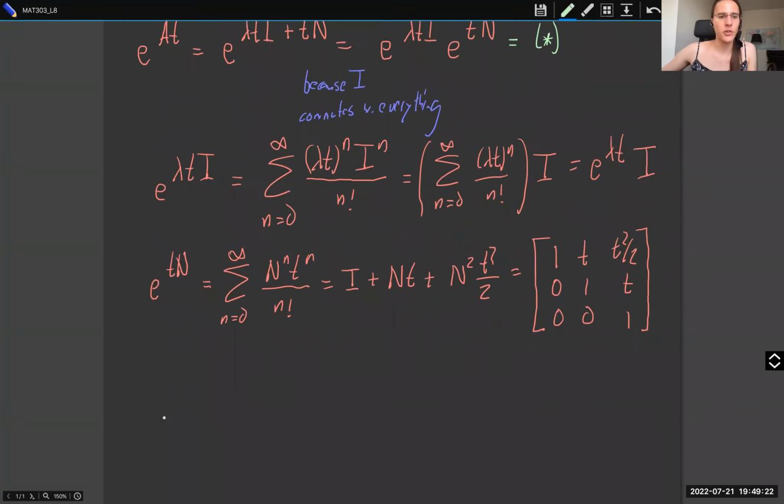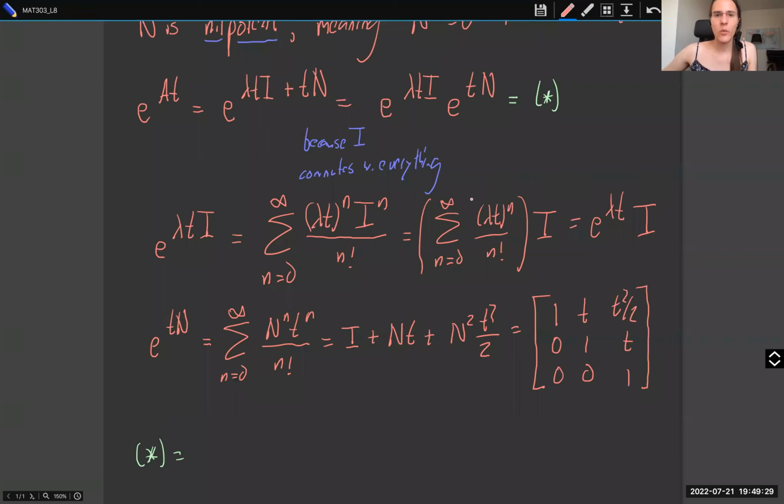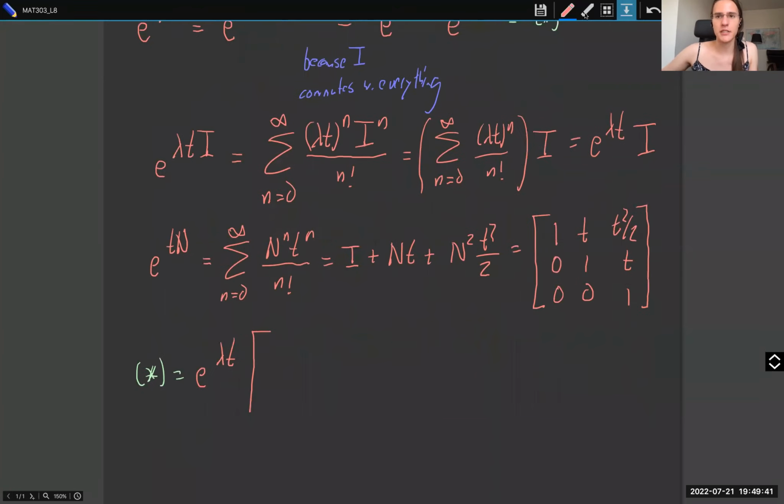So what does star equal? Well, this is just a multiple of the identity matrix, so the identity doesn't matter. It's going to be e to the lambda t times this matrix. I won't rewrite it, I'll just copy it.